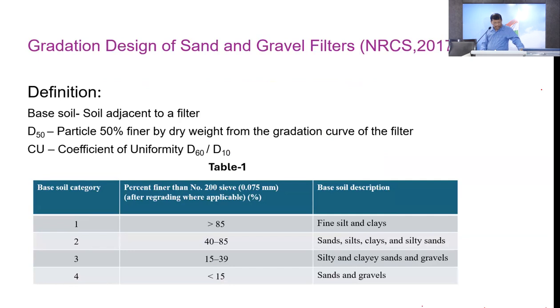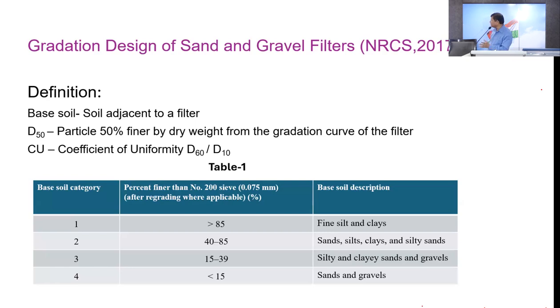For that base soil, we have 4 different categories. Mostly we are looking into number 200 sieve in the US context, but for the Indian context it's 0.075 millimeter.